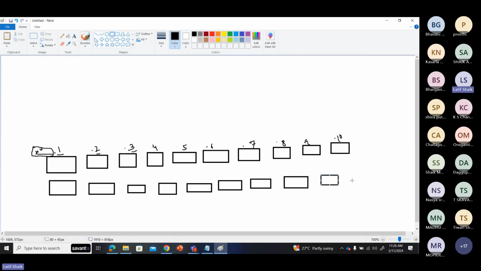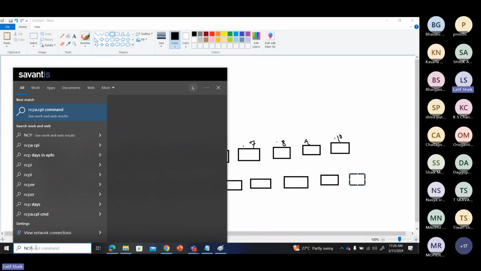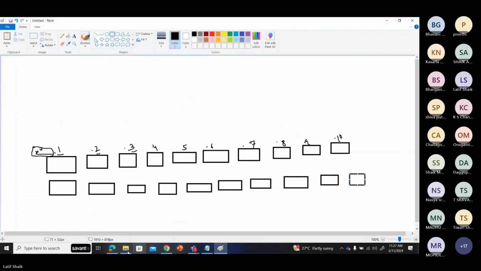I have computers and I want to assign an IP address, so I started assigning an IP address to each and every device, starting from 1, 2, 3, 4, 5 like that. For each device, their network version is always the same. Understood, sir? Very good.